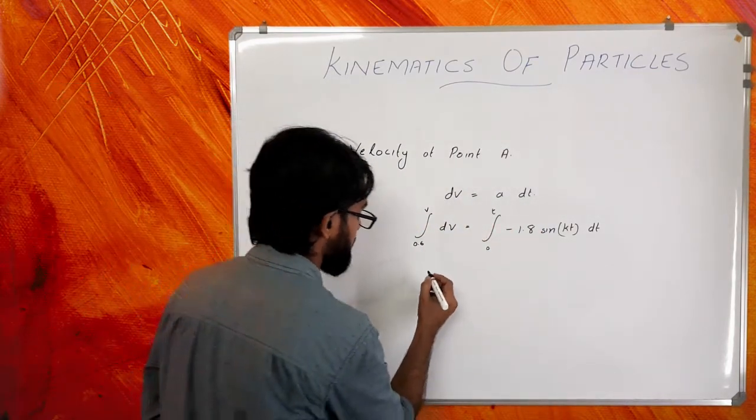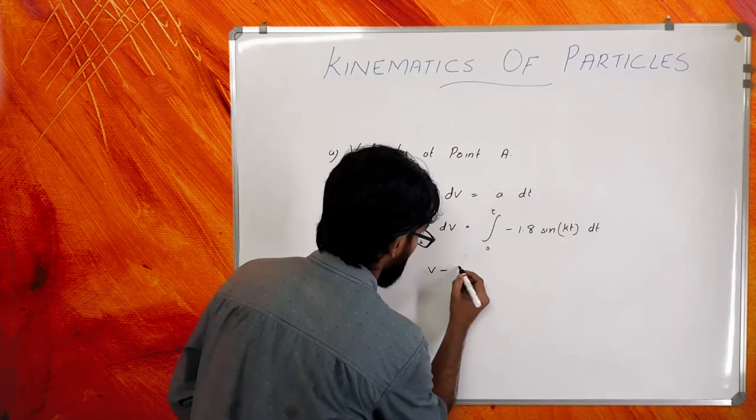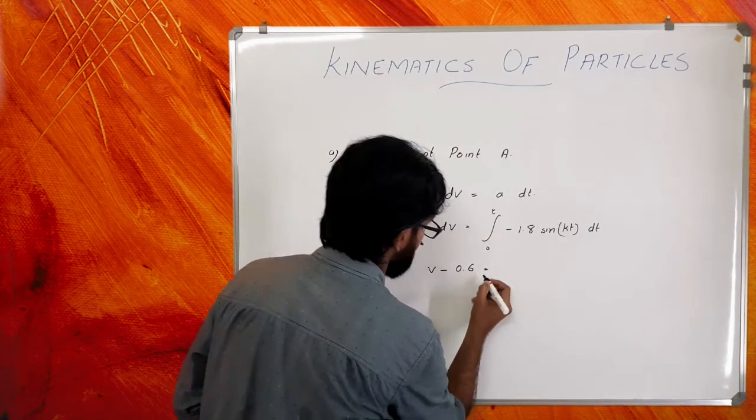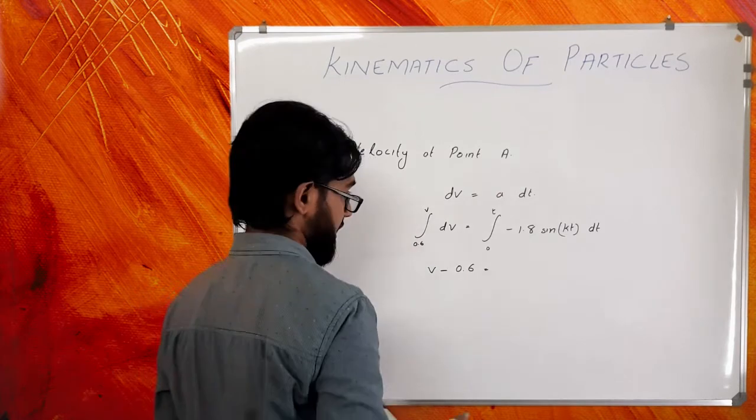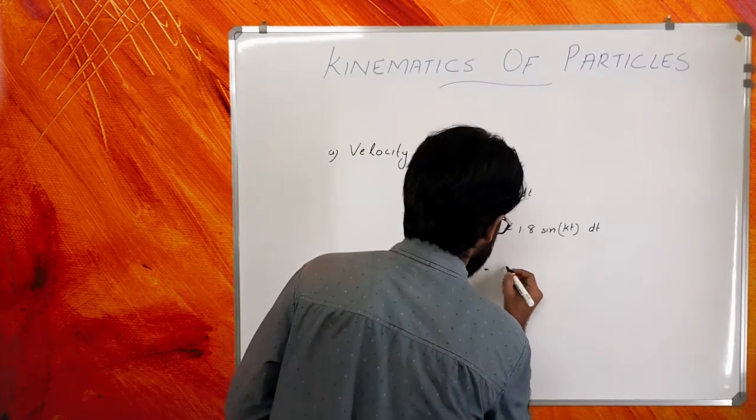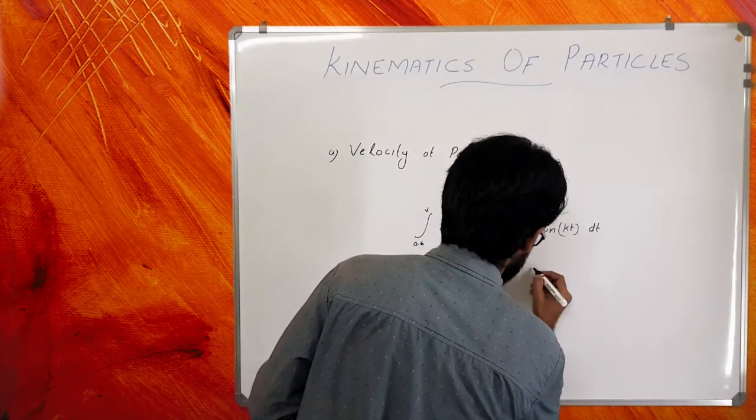Now if I integrate it, v minus 0.6, now 1.8 sin kt, the integral.